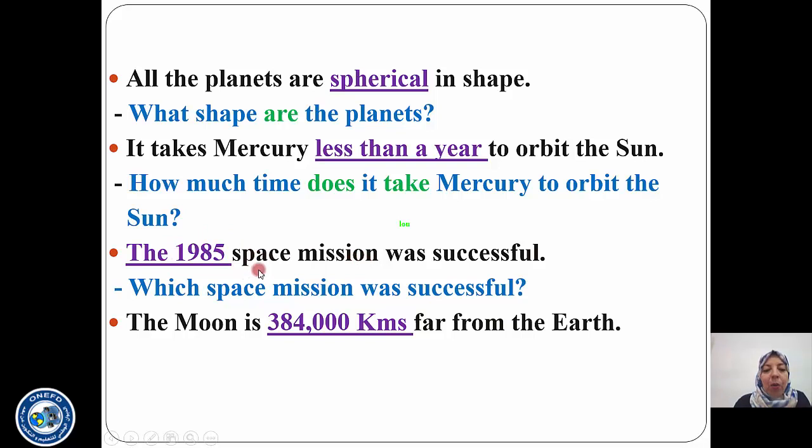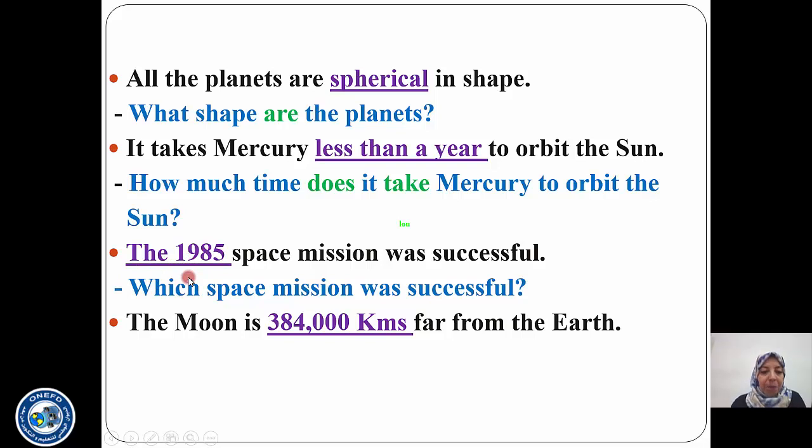All right, so if the underlined words here were the 1985 space mission, all of this was underlined, in that case you would say: what was successful? What was successful, because the underlined words are the subject, but it's not the case in this example.